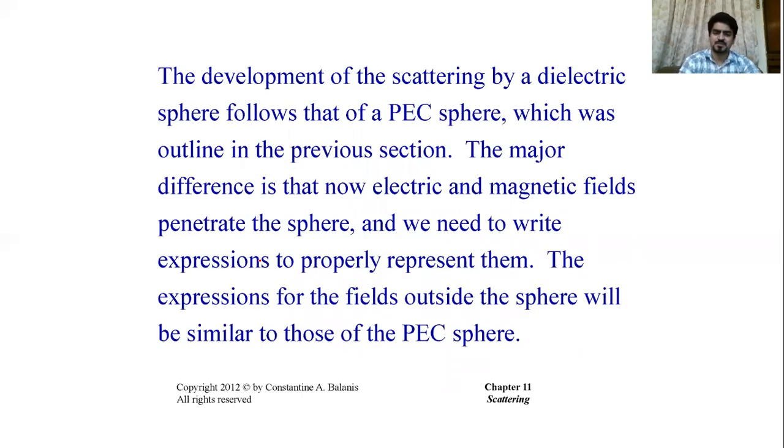So for the dielectric sphere, what will happen? If you remember, for the E field, E theta and E phi, we said that the total E theta and E phi should vanish on the surface of the sphere. Now in this case, we will not apply that condition because it's a dielectric, and whenever we have two regions, dielectric regions, the generic boundary condition is that your fields should be continuous.